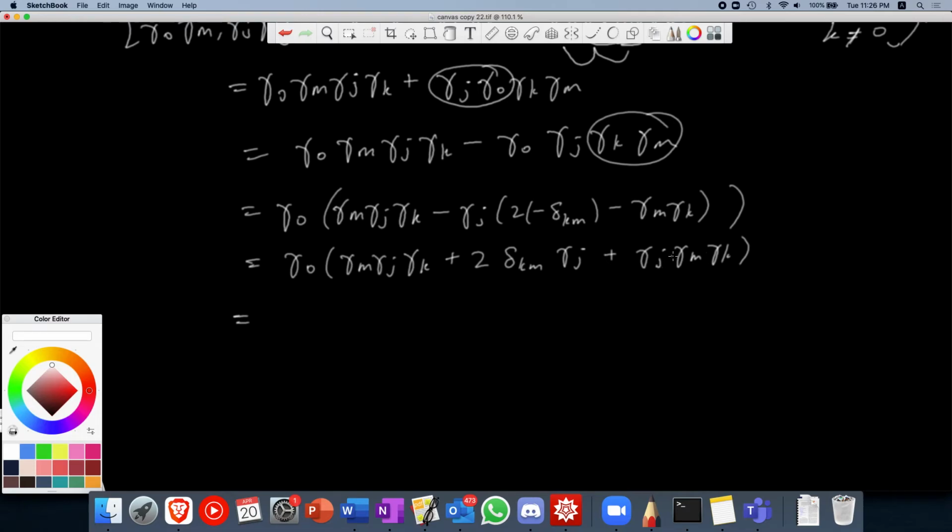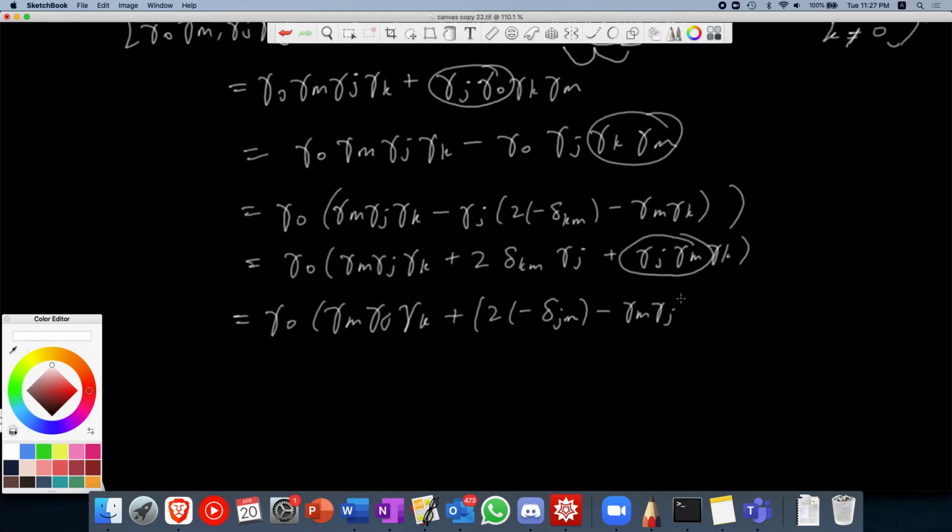We just want to make these cancel, so let's do this swap next. So this is gamma naught gamma m gamma j gamma k plus this guy would be minus gamma jm, and this will be gamma m gamma j gamma k.